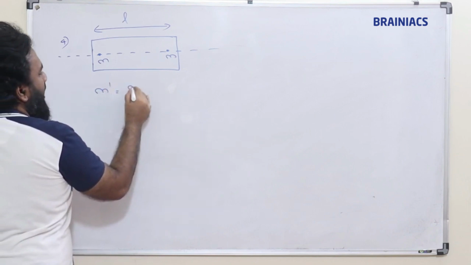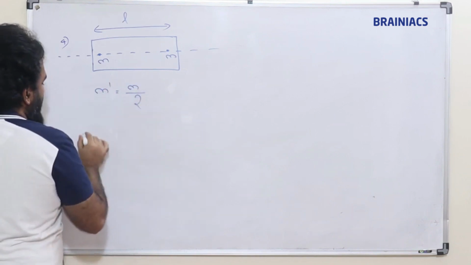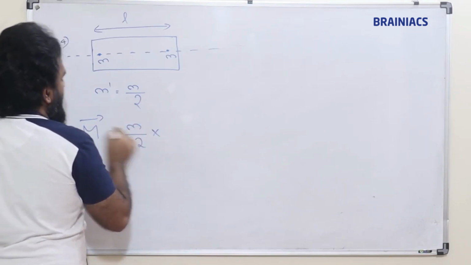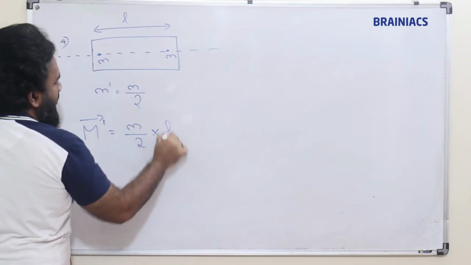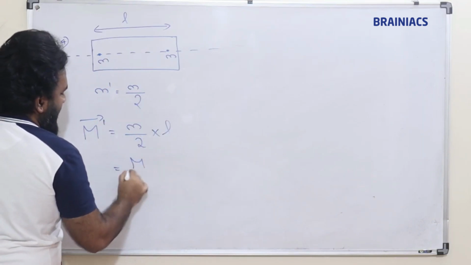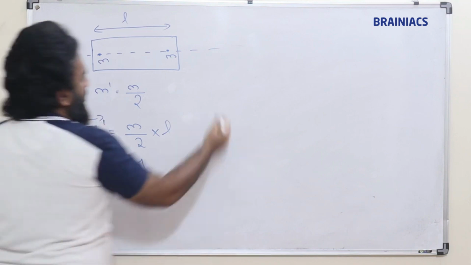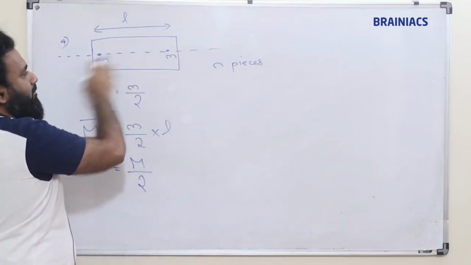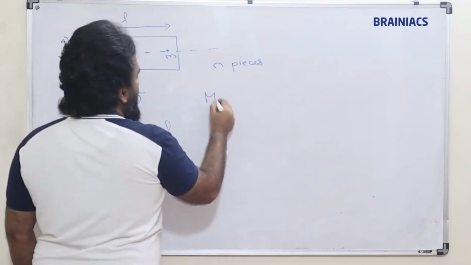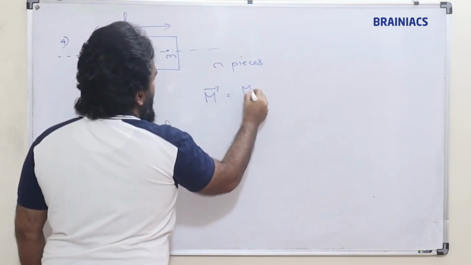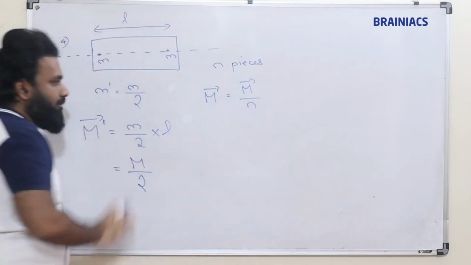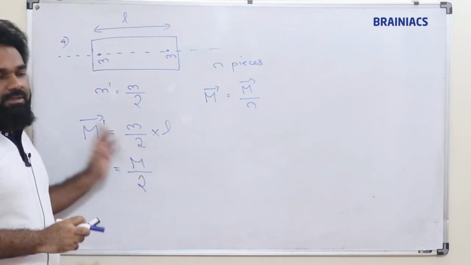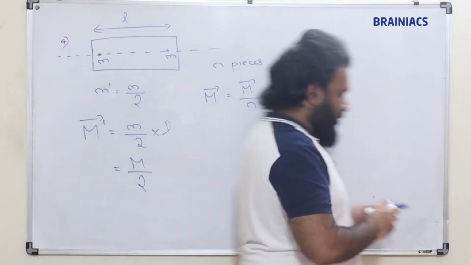New pole strength will become M by 2. So magnetic dipole moment is equal to what? M by 2 into, the length is the same, so this is again M by 2. So if it is n pieces axially, then the new magnetic moment is equal to the old magnetic moment divided by n again. So this time the length is not changing, but the pole strength is changing. Clear or what? That is the fourth point.